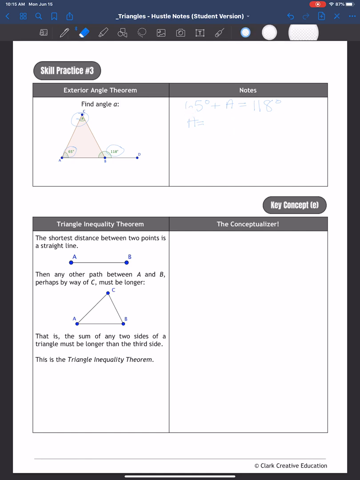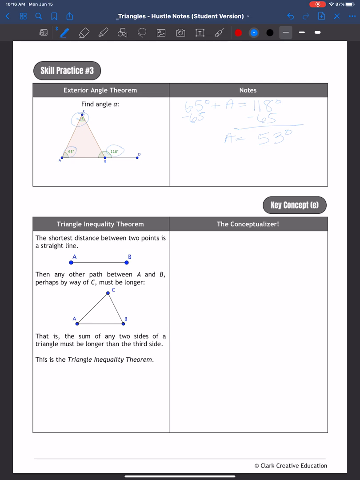Subtract 65 from both sides. We have A equals 53 degrees. Okay, so it's just a matter of doing the work.